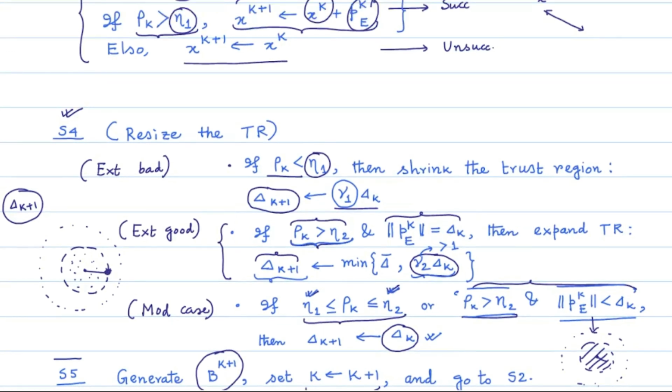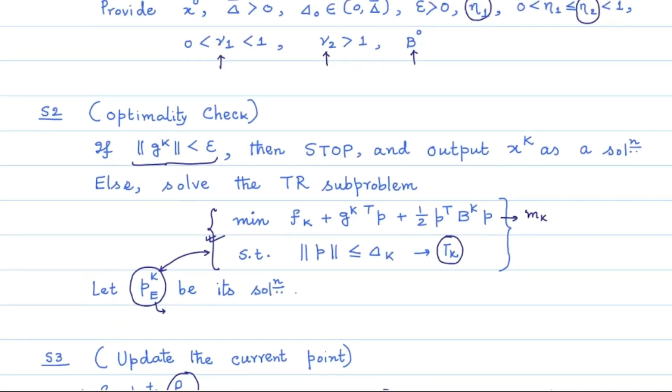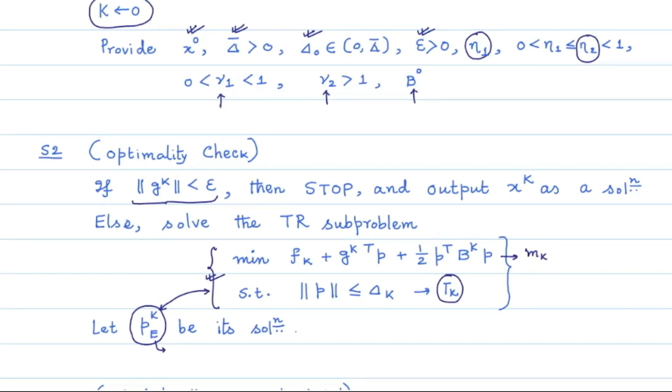But there is a question of existence of the trust region step pk at the second step, where we solve the trust region subproblem. If pk does not exist, we cannot move forward, and the algorithm is not well defined, because this step cannot be calculated.